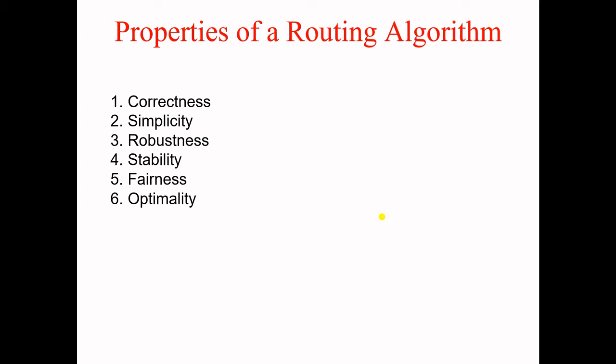Now the third point is robustness. What is robustness? Once a major network becomes operative, it may be expected to run continuously for years without any failures. But the algorithms designed for routing should be robust enough to handle hardware and software failures, because there may be a possibility of hardware or software failures.